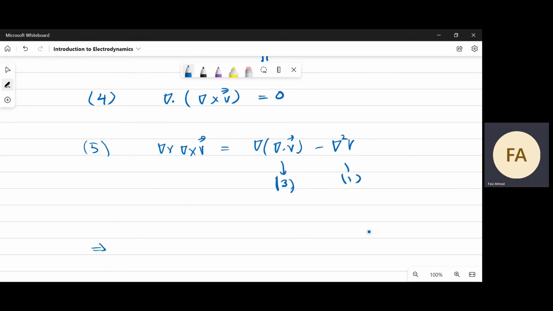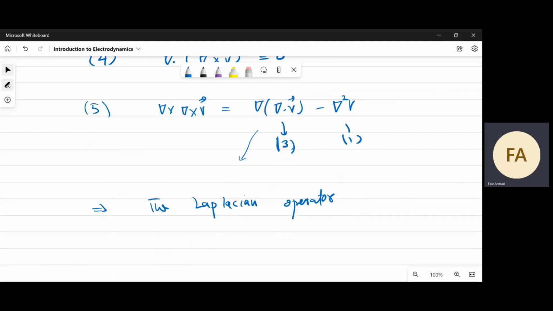And again, this third one usually does not appear in application. The most important one for the second derivative we will be looking at is the Laplacian operator. In our formulation, for the second derivative, we will most likely be dealing with the Laplacian operator.